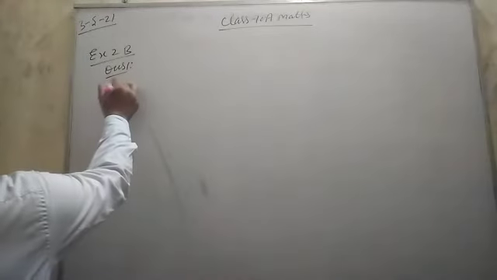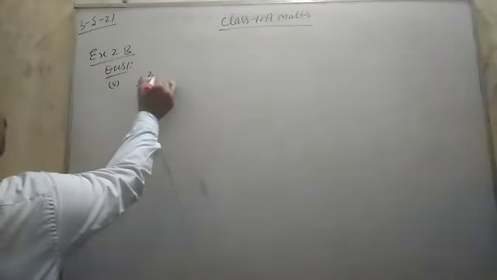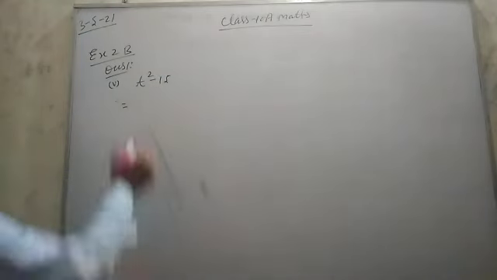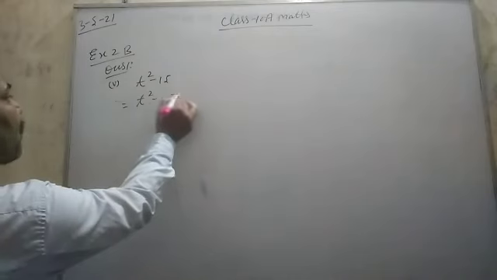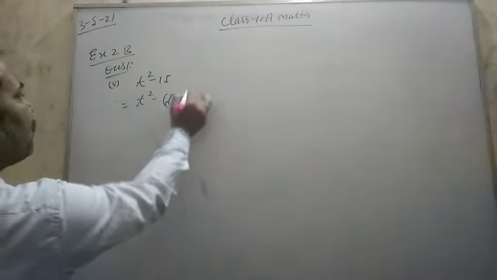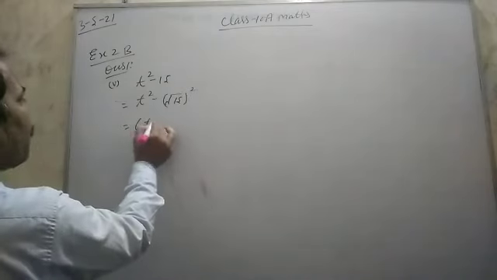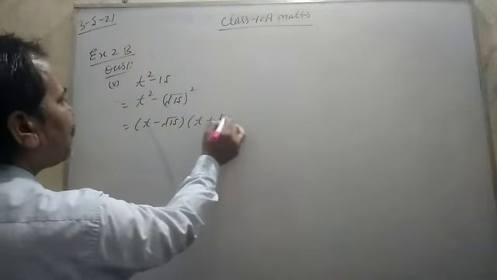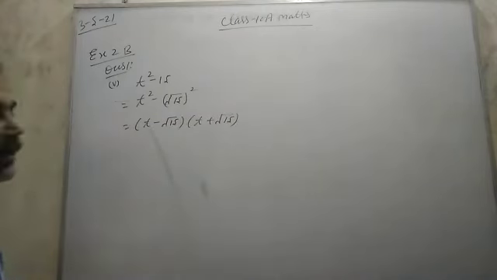Fifth part, t square minus 15. So here formula a square minus b square. So t square minus under root 15 whole square. So a minus b and a plus b. Then putting separately 0.